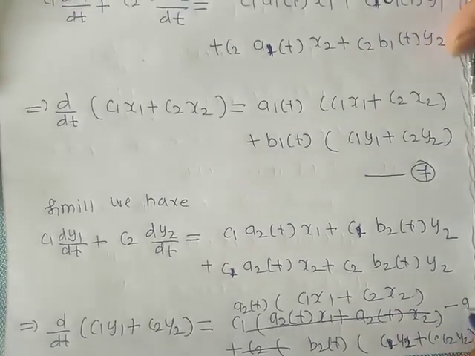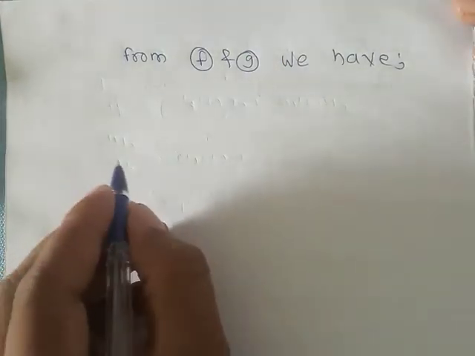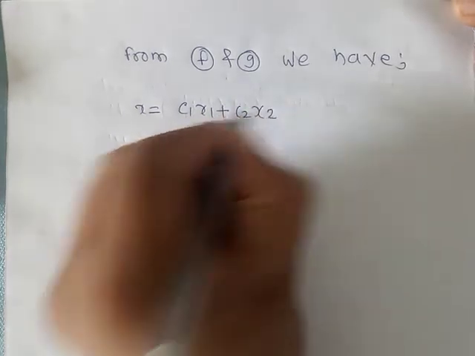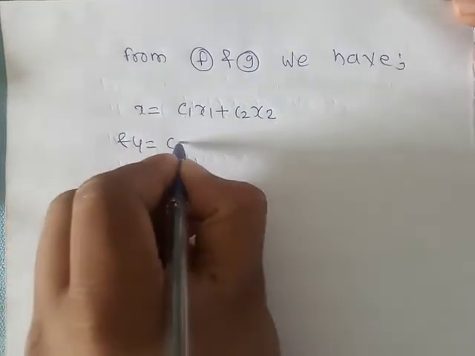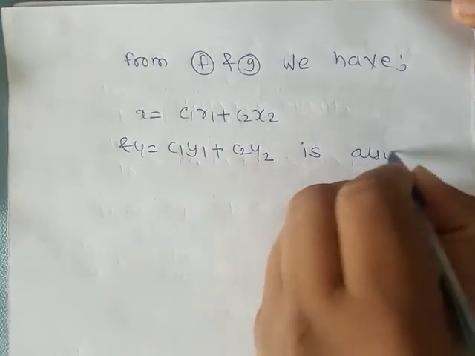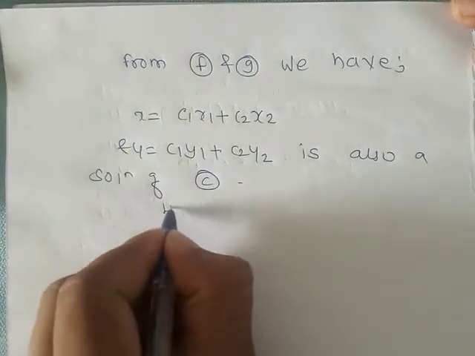Suppose this is equation G. Hence from F and G we have x is equal to c1 x1 plus c2 x2 and y is equal to c1 y1 plus c2 y2 is also a solution of C. Hence the proof.